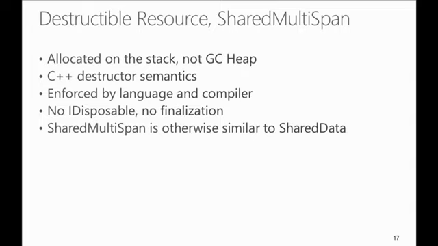I will be introducing many concepts. I will introduce one more, which is a destructible resource. What is a destructible resource? In C#, you have finalizable objects. The semantics of a finalizer is that once the object goes away and becomes unreachable, at some time in the future, which is not determined, the finalizer will run and you will clean up.